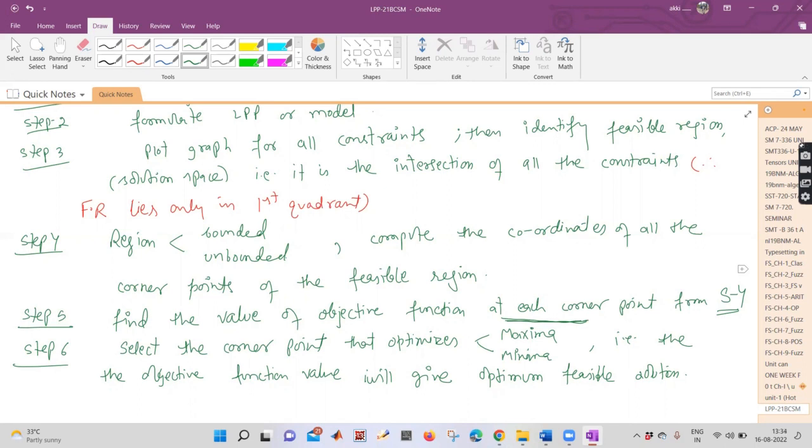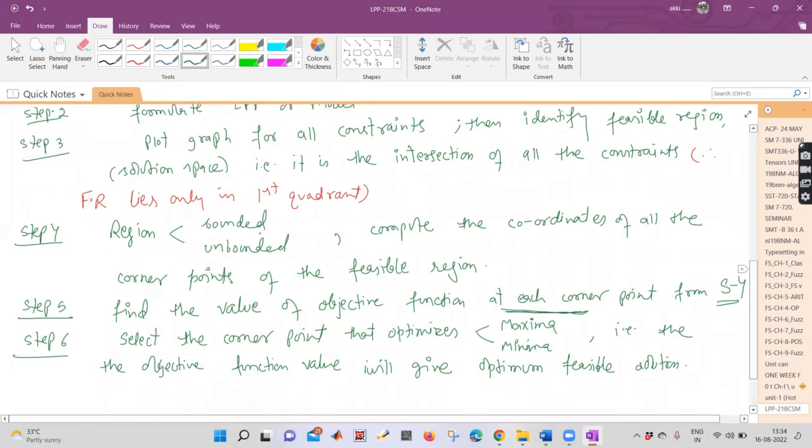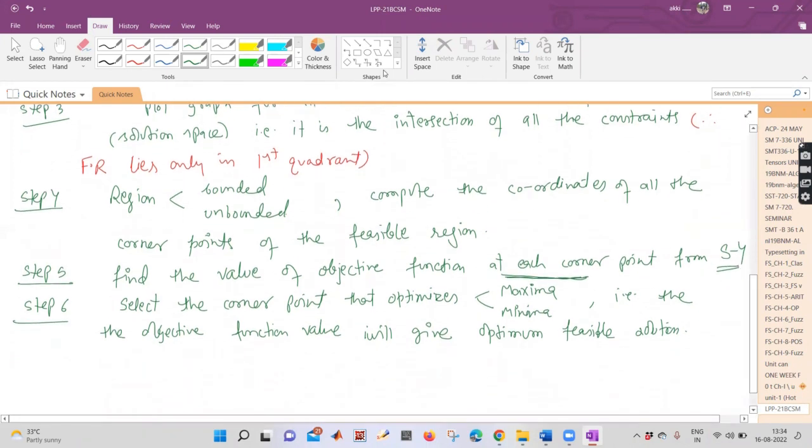Then look at your LPP: if it is maximization, select the maximum of the evaluated values, and that is your optimum feasible solution. If it is minimization, select the minimum one. Clear the method?